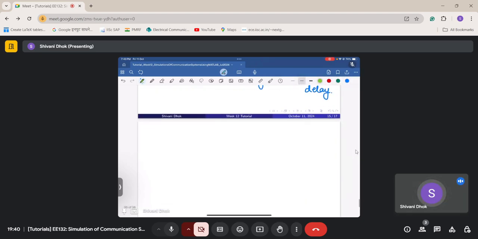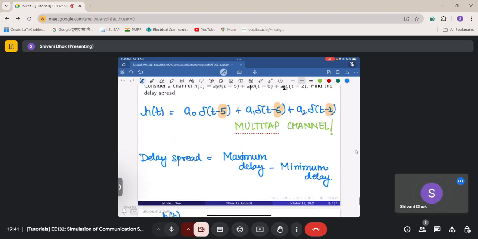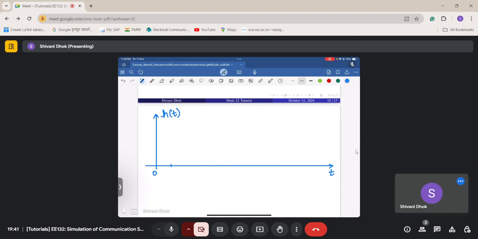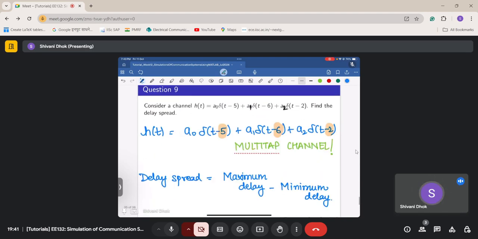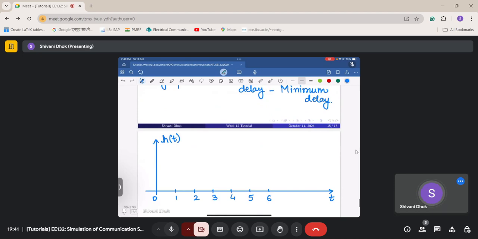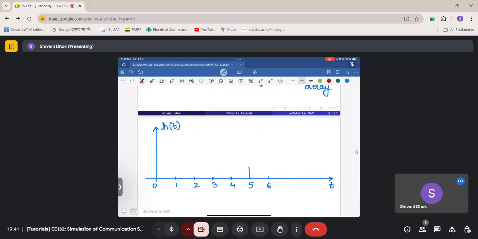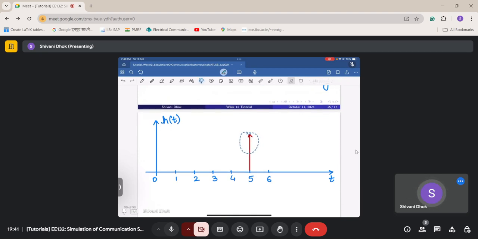If I plot it with respect to time, this is your time axis, this is your h of t, and let me mark 0, 1, 2, 3, 4, 5, 6. The first tap is at t equal to 5, and its amplitude is a0.